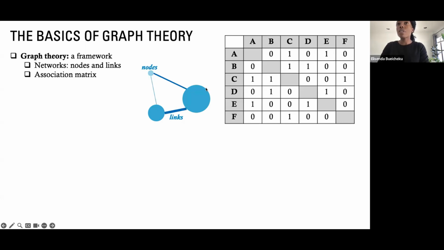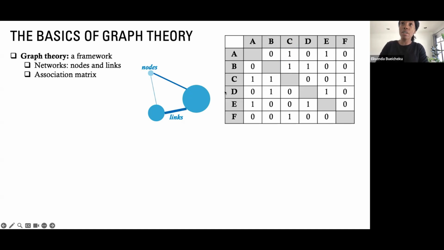So here, for instance, if we have node A, and we want to know how it's related to the rest of the network, we will see, for instance, that it is related to C, and the relationship between A and C is denoted by a 1.